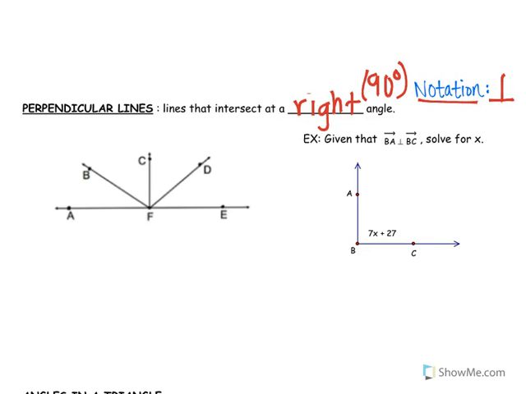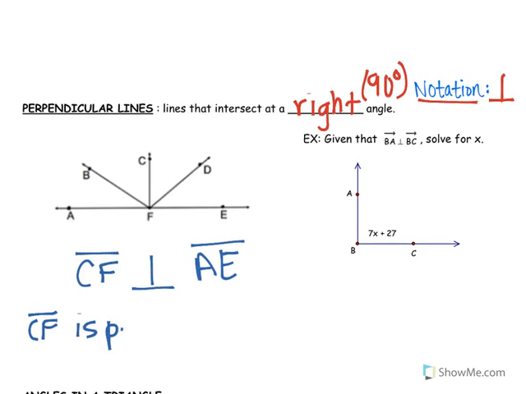So let's look at an example here on the left. If I'm going to say in this example that CF, that line segment, is going to be perpendicular to AE. That's how I read that. I'll say CF is perpendicular to AE. Okay?